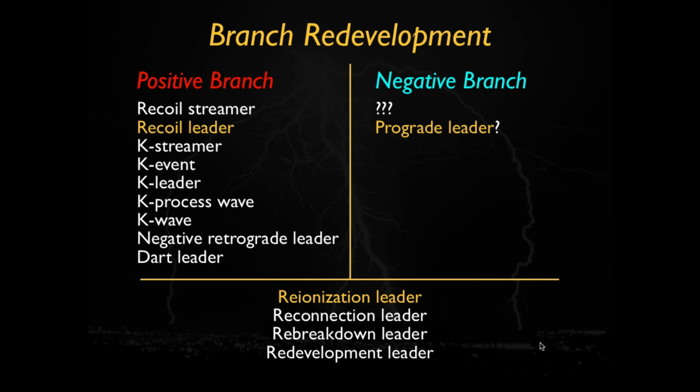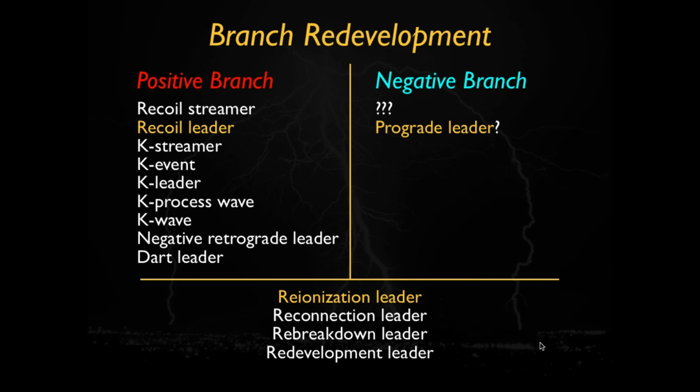So they use the word recoil to be the same as return. Mazur, 2002, stated that since this is a leader process, leader would be more appropriate to use instead of streamer. So he preferred to use the word recoil leader, and that's the word I'm going to use here.